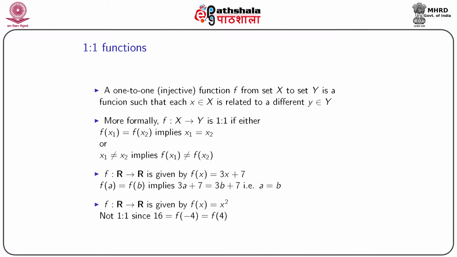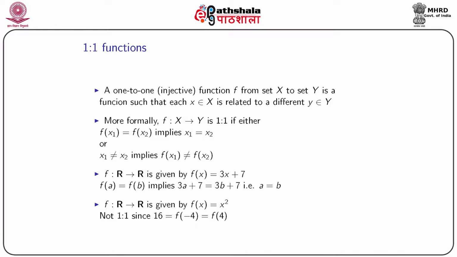So if we want to define a one-to-one function more formally, it should be something like this: f is a mapping from X to Y, and we will call this a one-to-one correspondence or one-to-one mapping if either of the two conditions holds. First condition: if f(x1) equals f(x2), then it must imply that x1 equals x2.